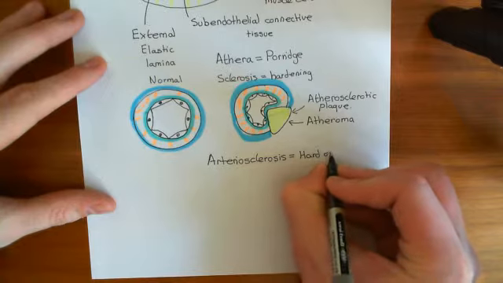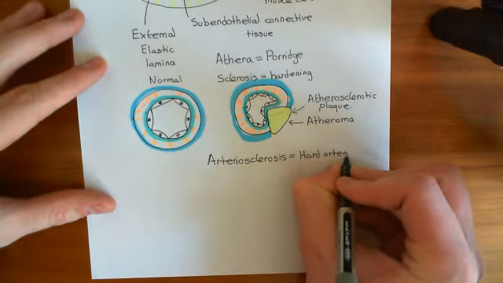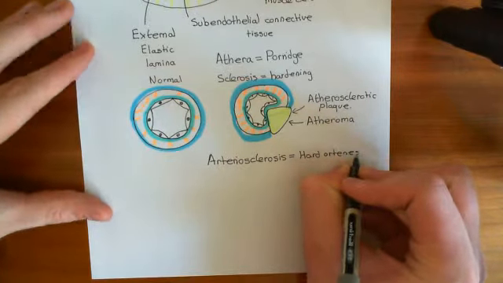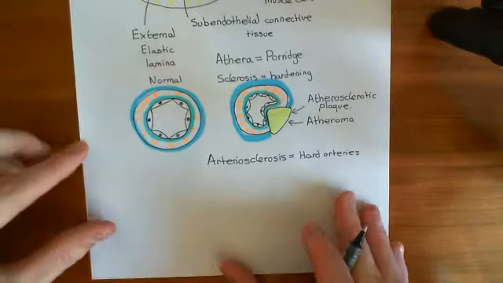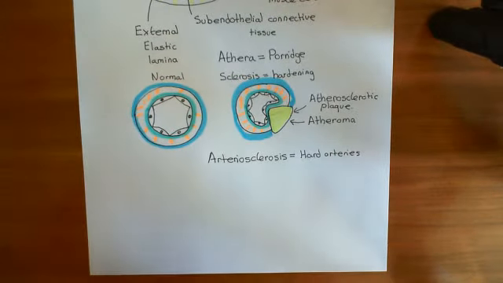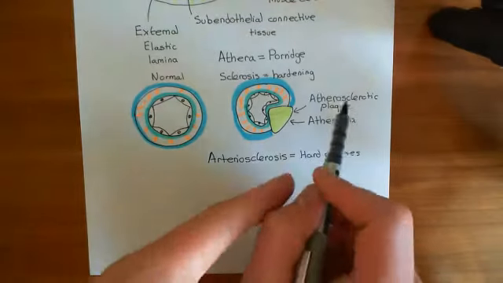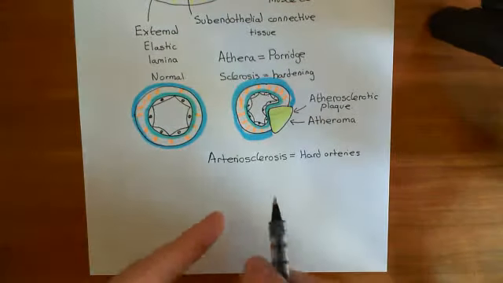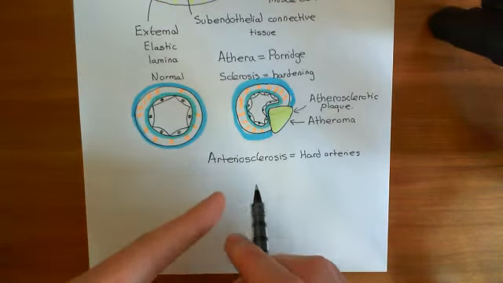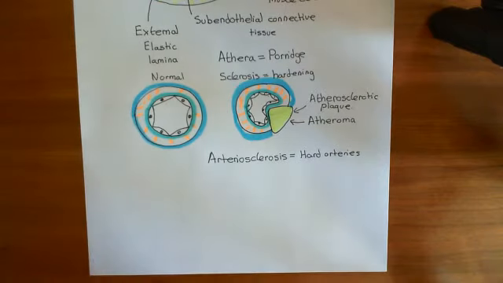So when you feel the arteries of someone with arteriosclerosis, they're going to feel hard. Rather than beautifully soft and squishy, they're going to feel hard and solid. Any disease that causes that hardening of the arteries would be referred to as arteriosclerosis. Atherosclerosis basically is an example of a disease that can lead to arteriosclerosis, but it is not the only example.